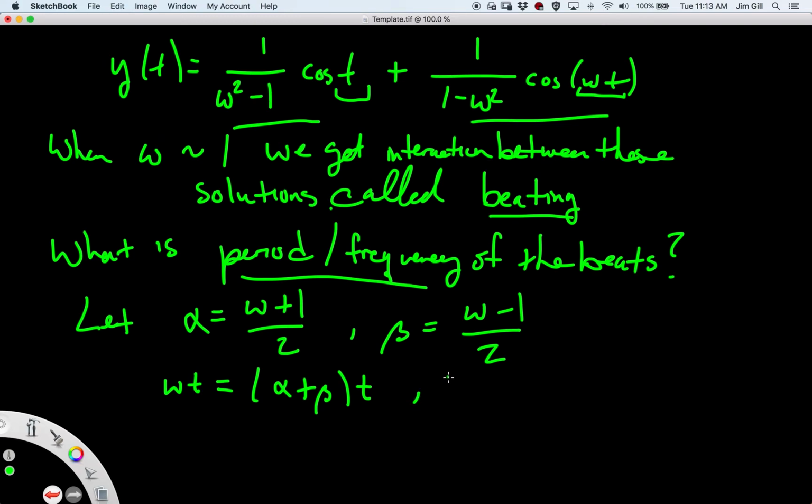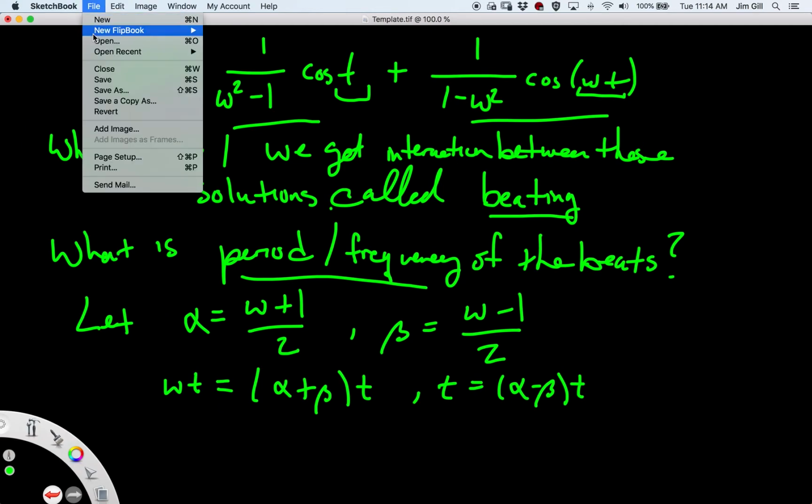And t instead could be written as alpha minus beta times the time. So we're going to substitute alpha and beta in for omega and 1. You think, well, why are we substituting 2 variables in for 1? Well, really, there's a 1 here. So we're substituting alpha and beta for omega and 1. And now let's see what we get when we write this out.